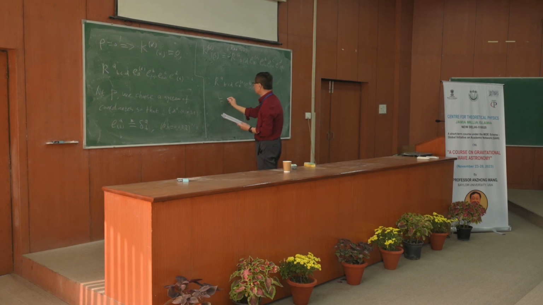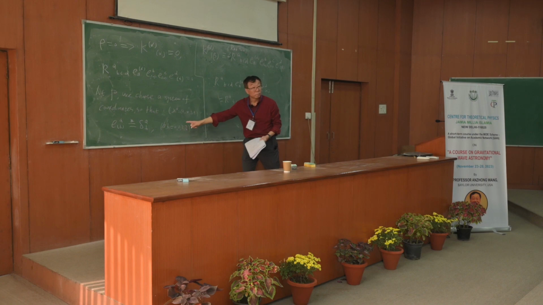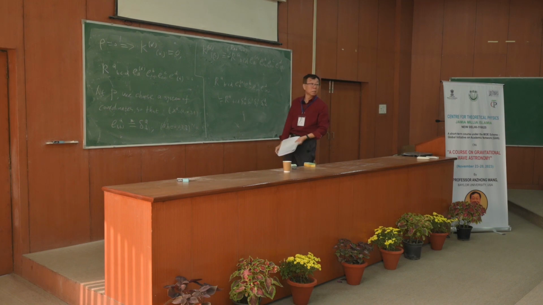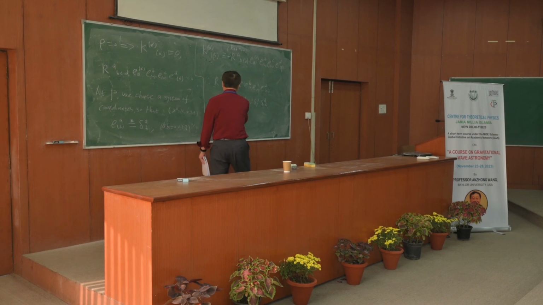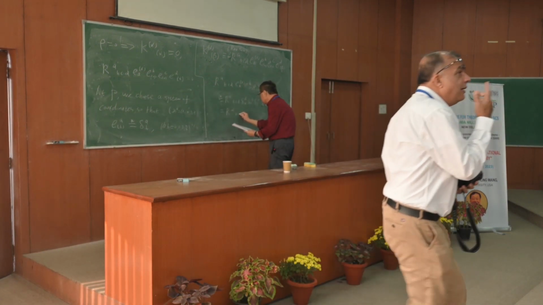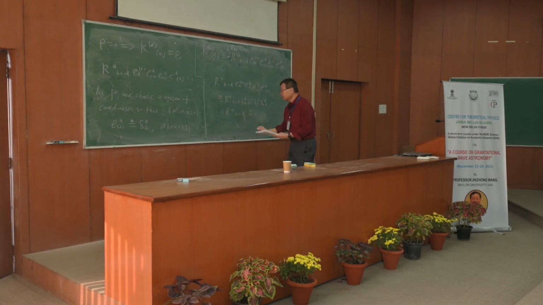This is at a particular point, so I just use stars. Then you can see this will equal alpha 0, 0 alpha. This equals 0, right?